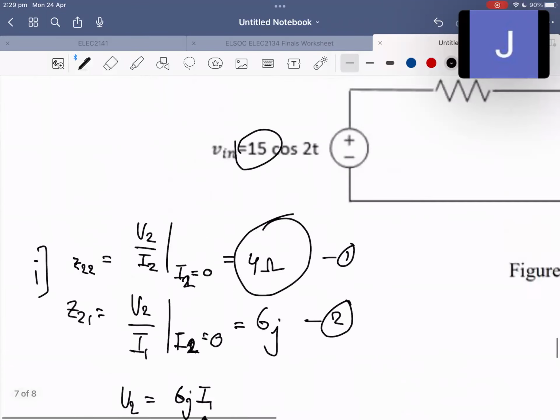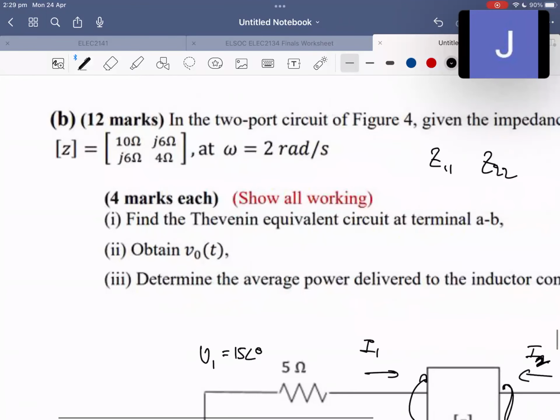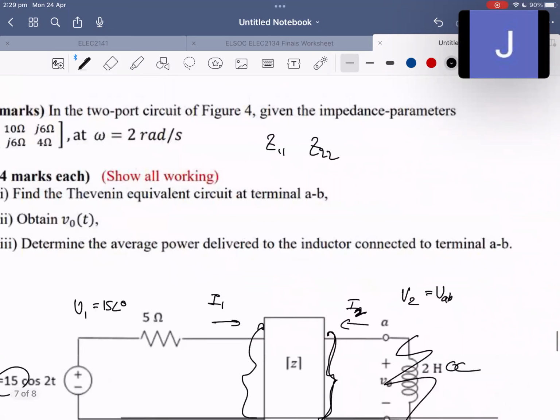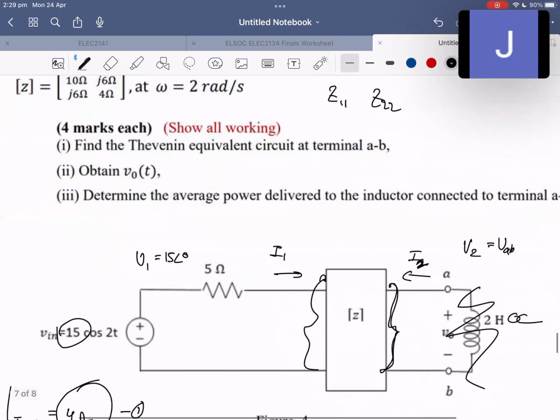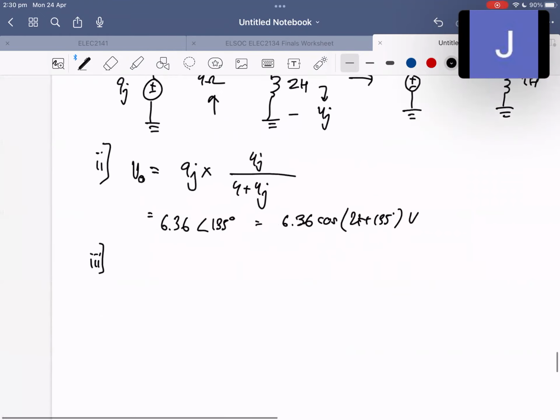Okay. So the last part of this question says, determine the average power delivered to the inductor connected to the terminals A, B. And this is a bit of a trick question because, those of you that remember the first lab, there's no average power delivered to components like inductors or capacitors. You can go through the maths yourself.